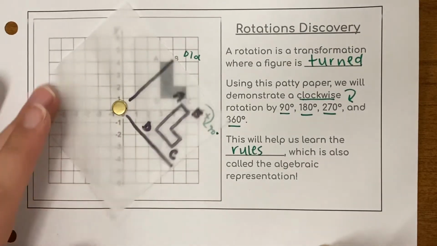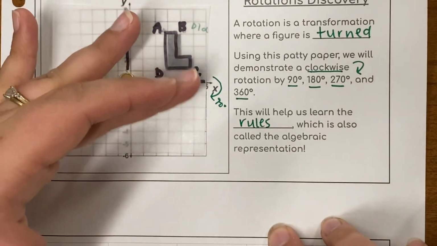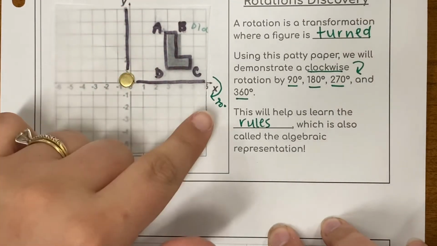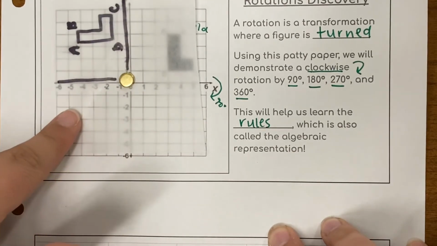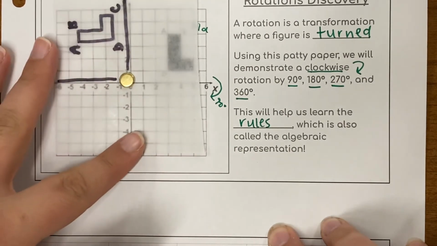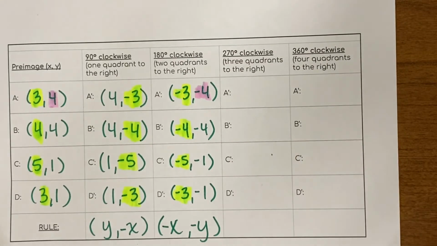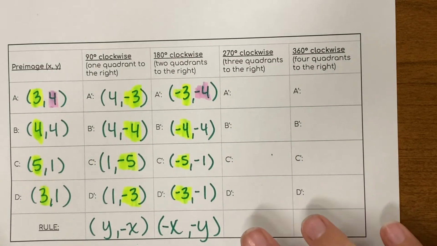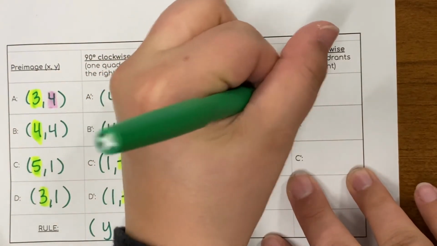Now, let's go back up to the beginning, start over, and let's do a 270 degrees rotation. This means I'm going to rotate my figure 270 degrees, or 3 quadrants to the right. So I have 1, 2, 3. So here are my new points here. So let's write down our values. So A is now at -4, +3.